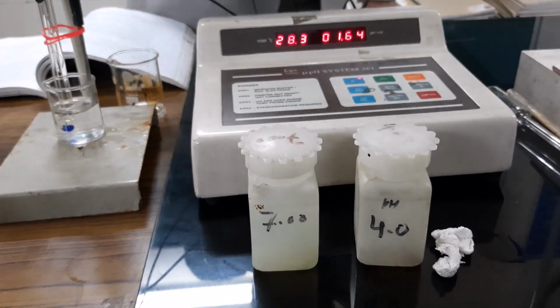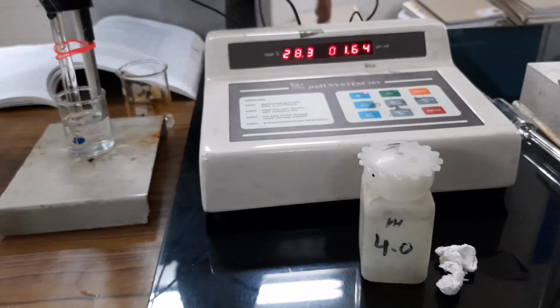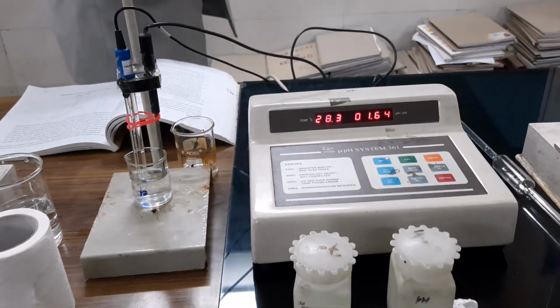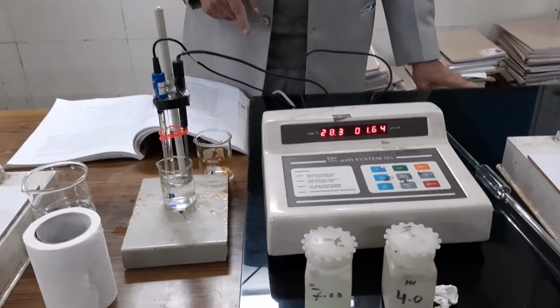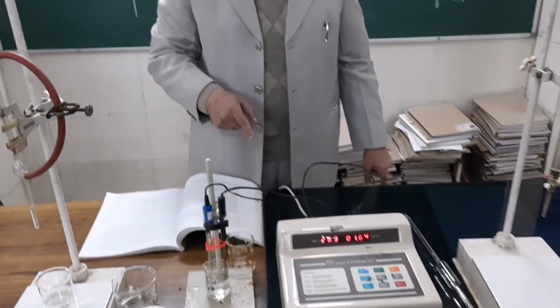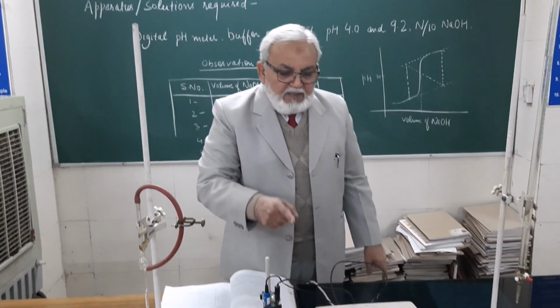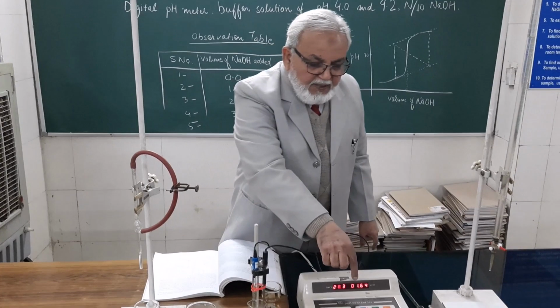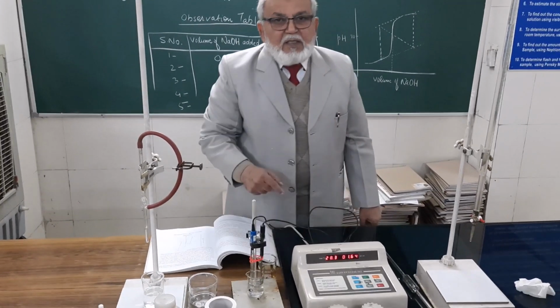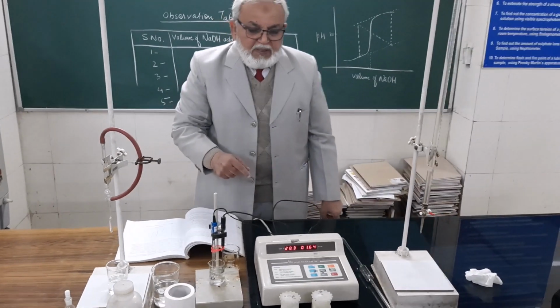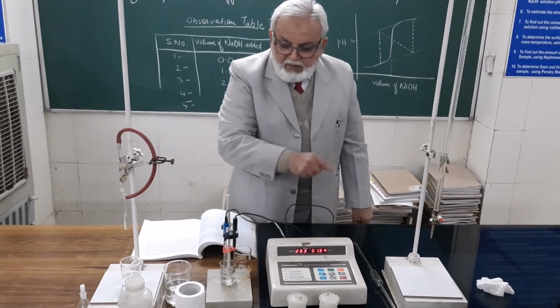We have two buffer solutions, pH 4.0 and pH 9.2. When determining the pH of an acid solution, we standardize our pH meter using the buffer solution of pH 4.